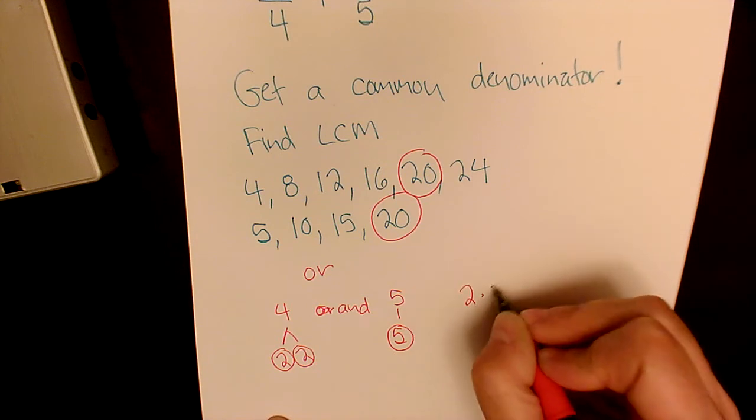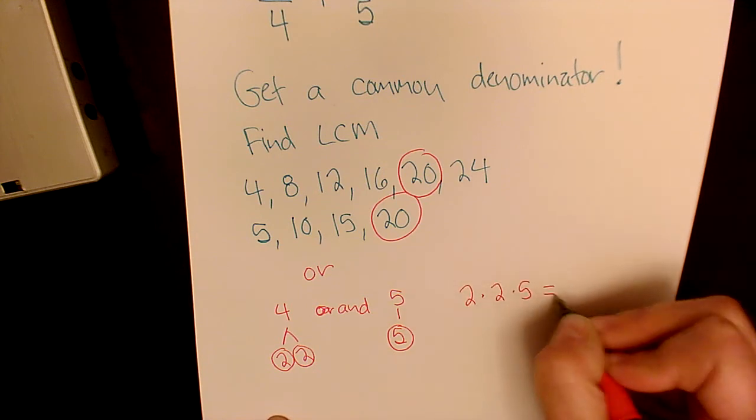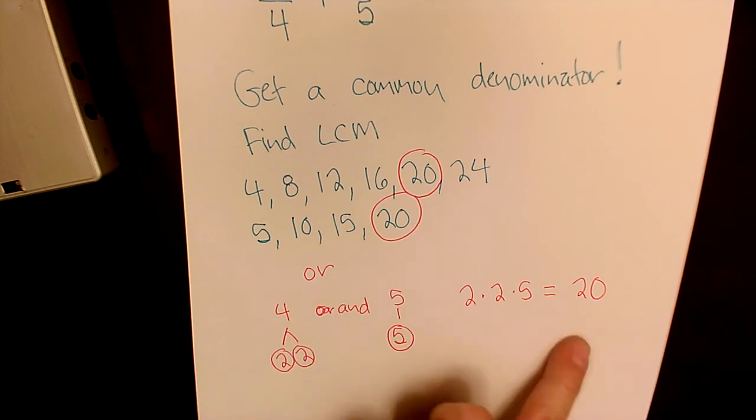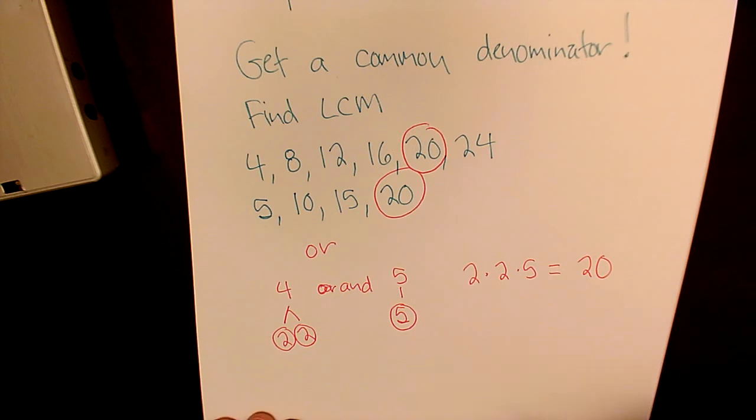I would just take 2 times 2 times 5 and get 20. So this might be quicker, or if you like the trees. So I'm giving you two choices. You pick whichever one you like. So my common denominator is 20.